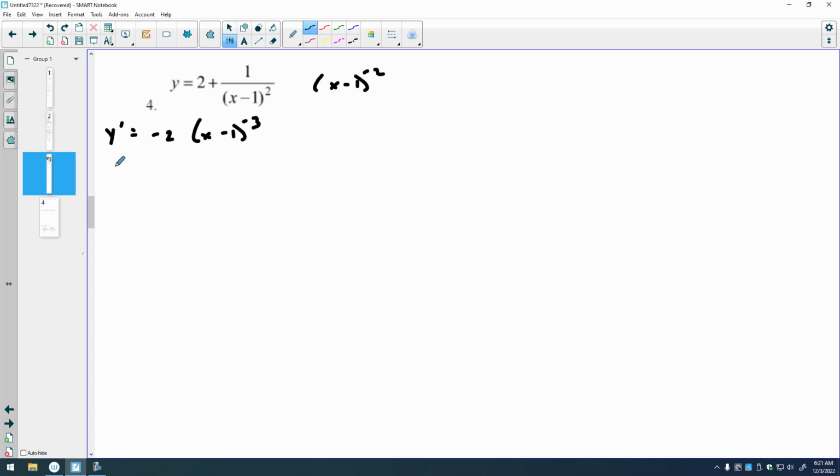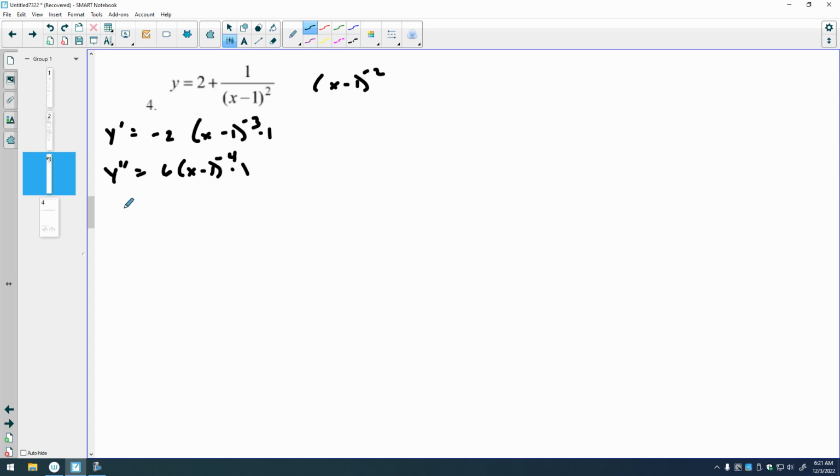Using this same one right here, y double prime equals -3 times the -2 is a +6, x minus 1 to the negative 4. Now, I should point out, I am looking at the derivative of the inside function also. Okay, I am doing chain rule, but the derivative of x minus 1 is a 1, which doesn't do anything. Same down here. We got a times 1.